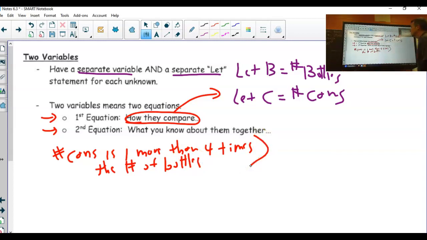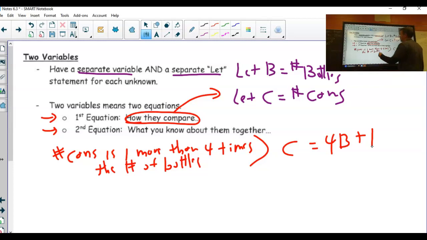So now that I'm using two variables, the number of cans, that's c, is 1 more than 4 times b. And that would be one of my equations: c equals 4b plus 1.